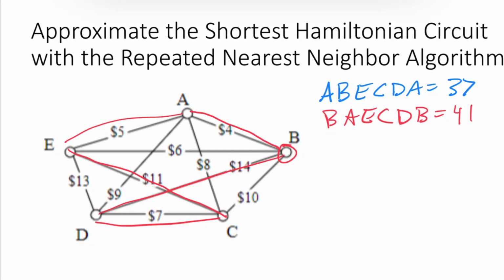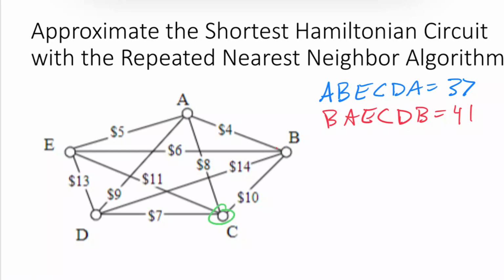And so that would be the Hamiltonian circuit that would be created if you do the nearest neighbor starting at B. And so then we'll repeat this again, because the repeated nearest neighbor algorithm is just doing the nearest neighbor algorithm for all of the vertices as a starting point.